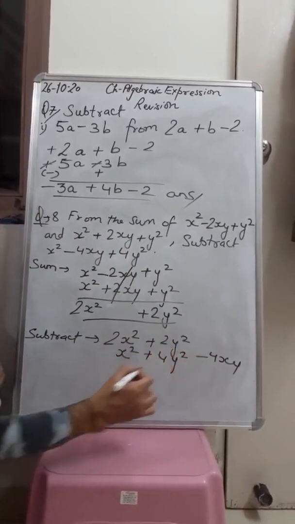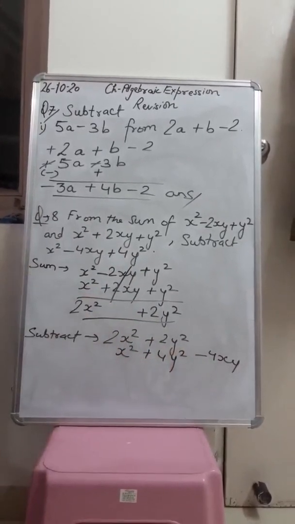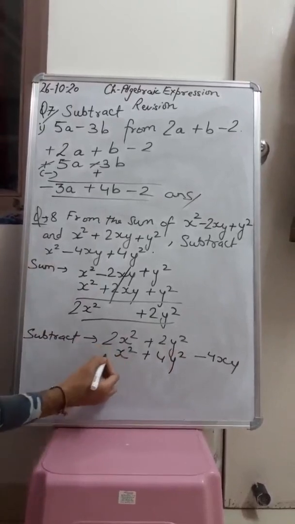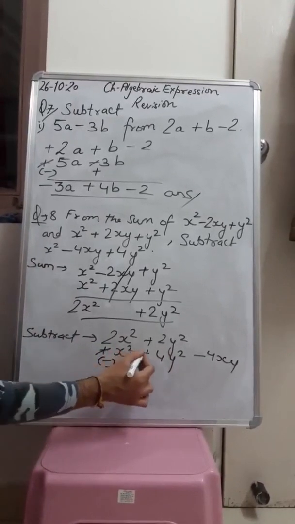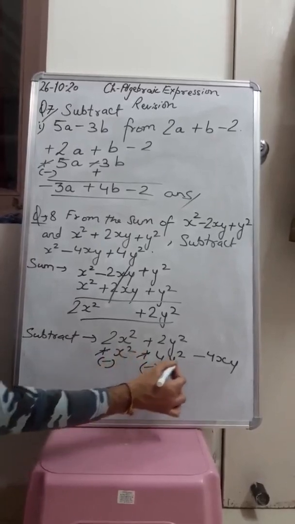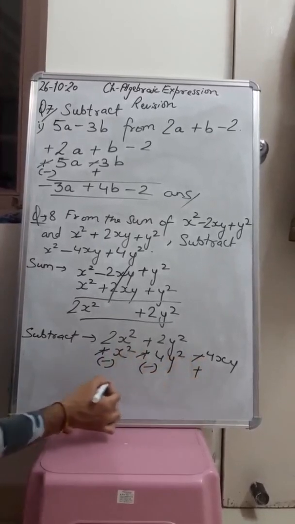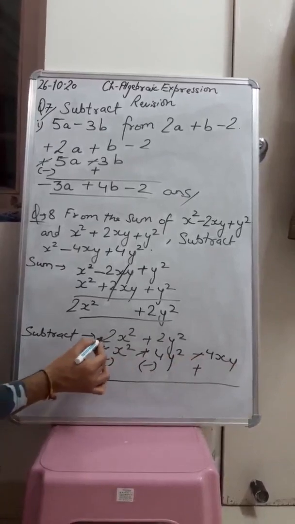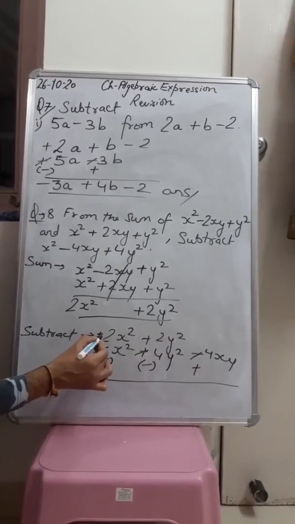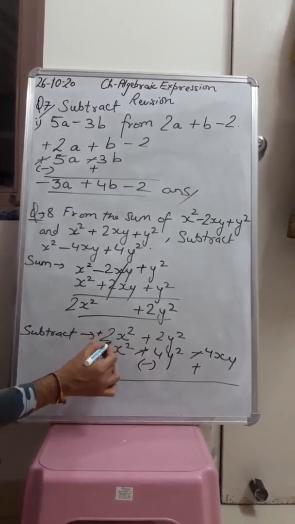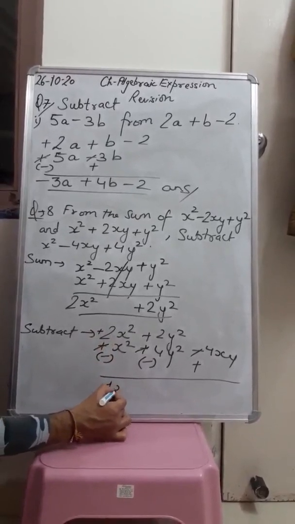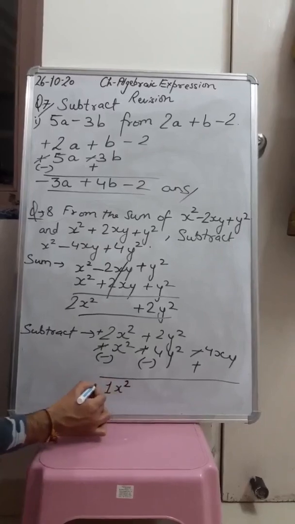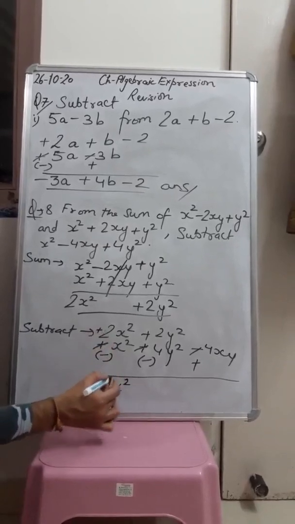Now in subtraction we all know that we have to change the sign. This x square is in plus, so plus becomes minus, this plus becomes again minus, and this minus becomes plus. Now we have to solve it. So this is plus 2, minus 1 gives you 1x square, and it will be plus because the greater is in plus.